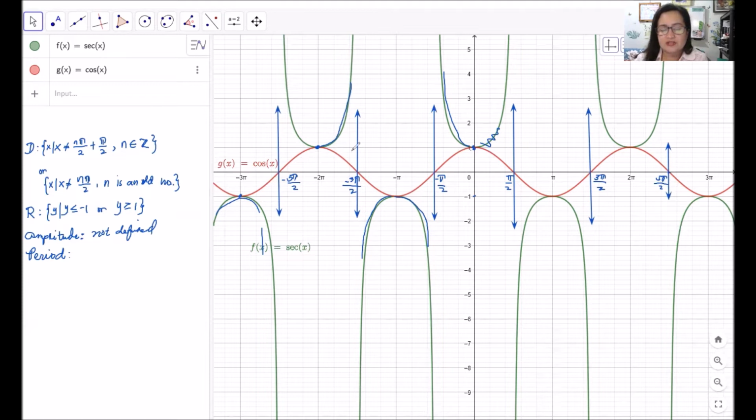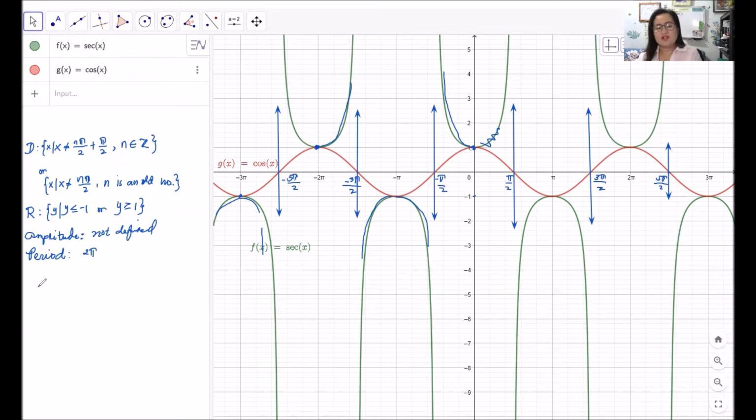So we get the distance from -2 pi to 0. The result is 2 pi. So therefore, the period of the secant function is 2 pi. In the interval 0 to 2 pi, the frequency is 1.